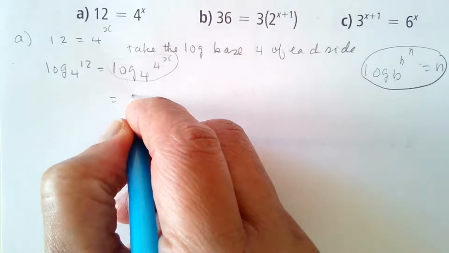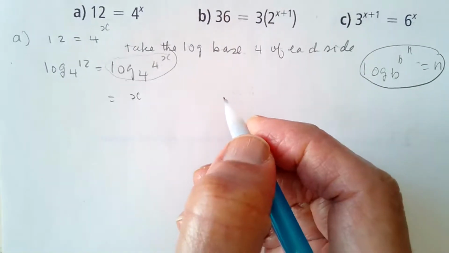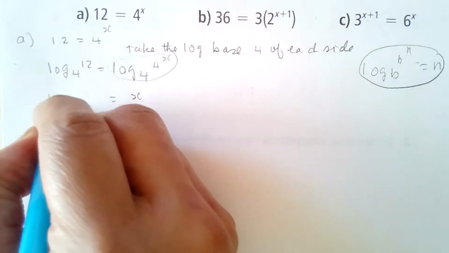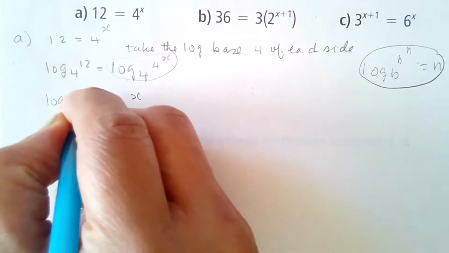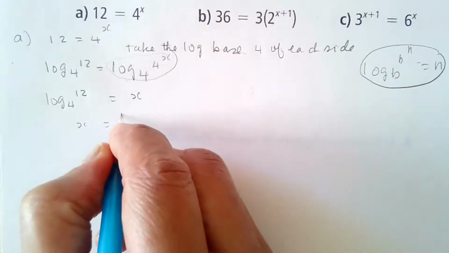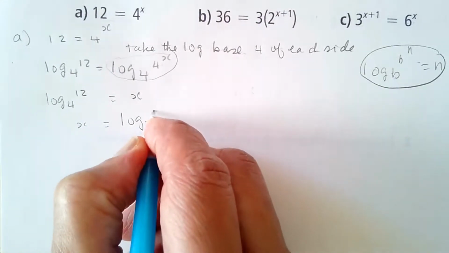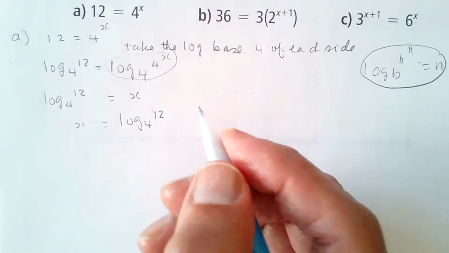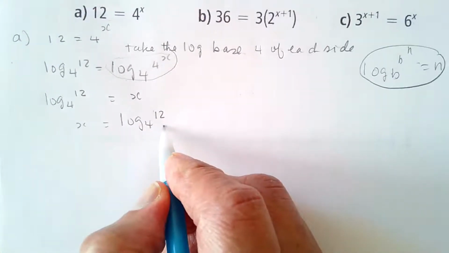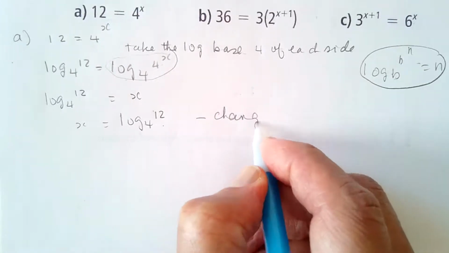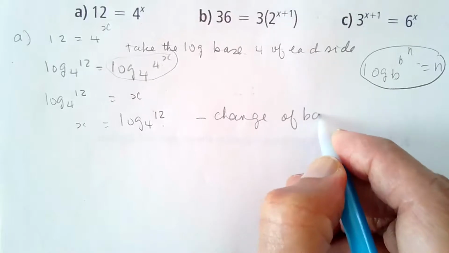So we have x on the right side, and on the left side we're left with log base 4 of 12. I'll just rewrite this the other way around. For now we are going to use the change of base formula.